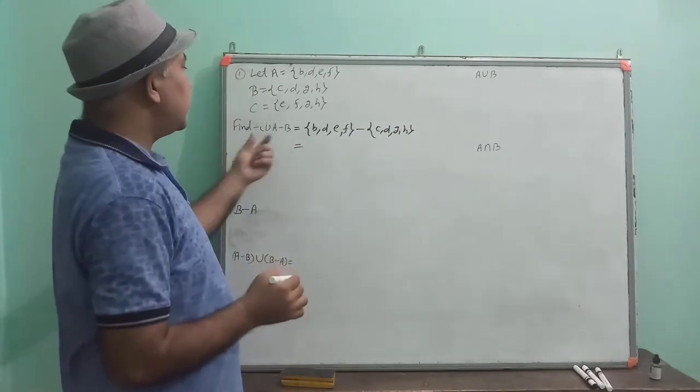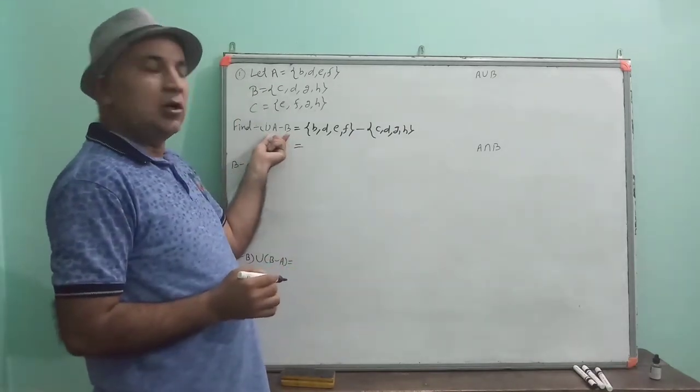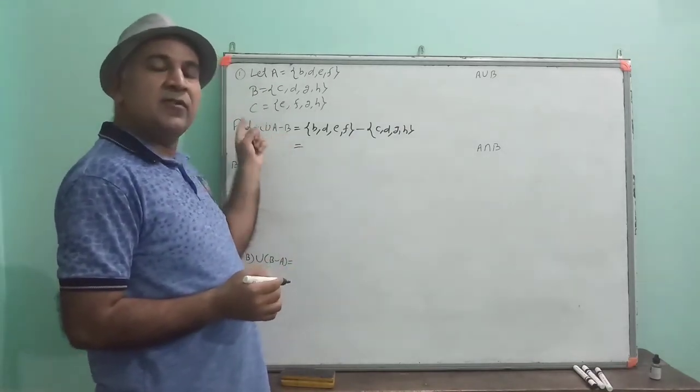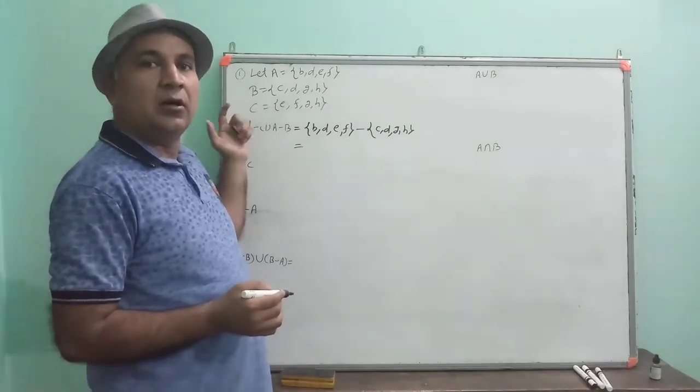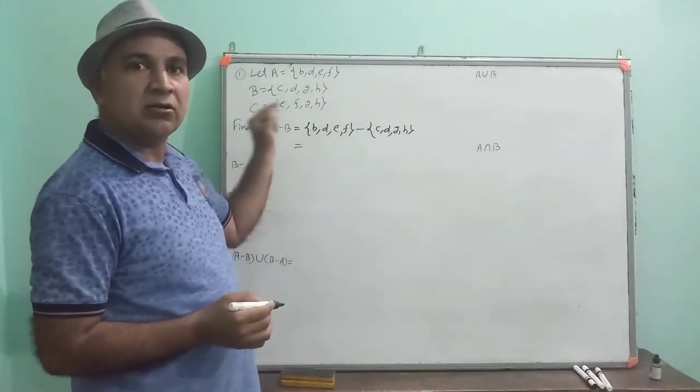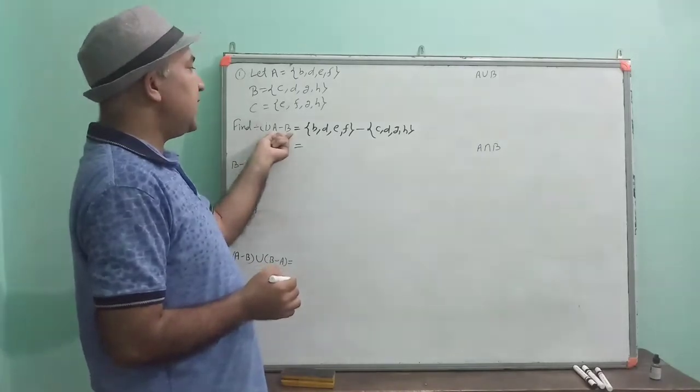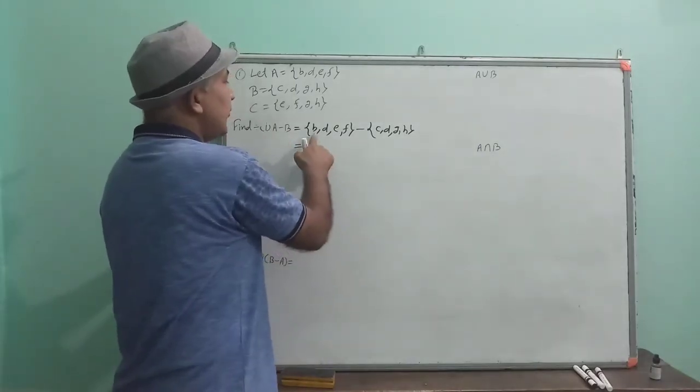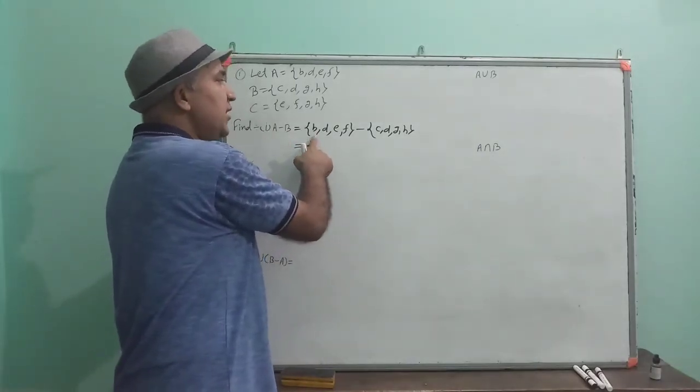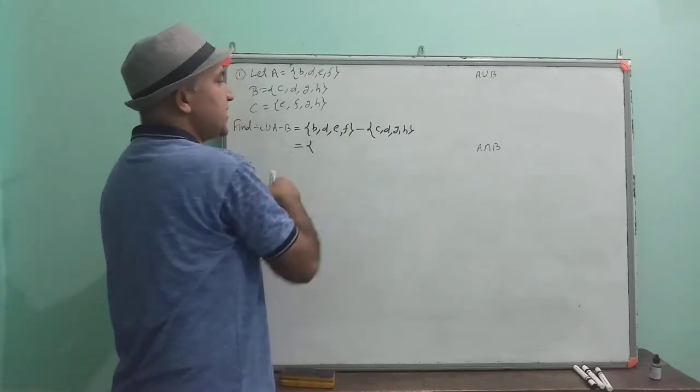Now see, what is the meaning of A minus B? All the elements of A which are not in B, that will be A minus B. So from the set A, see what elements are not present there.